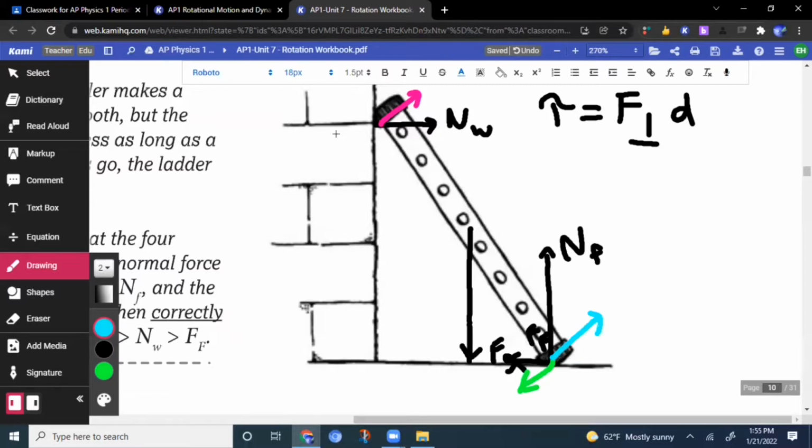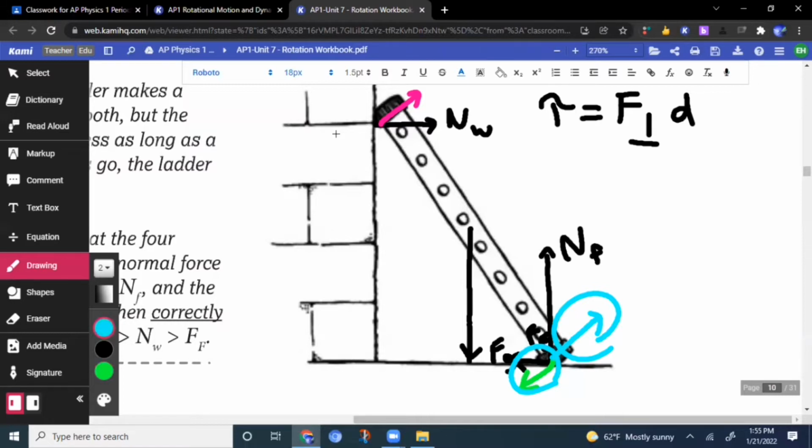Look to yourself, guys. Remember, you're just comparing those two. Which perpendicular component is greater? The normal force is greater than that one, which means the normal force is going to provide more torque to rotate this than will friction.